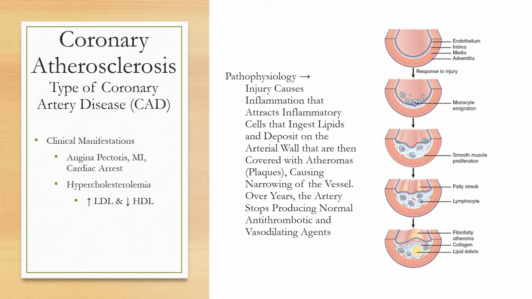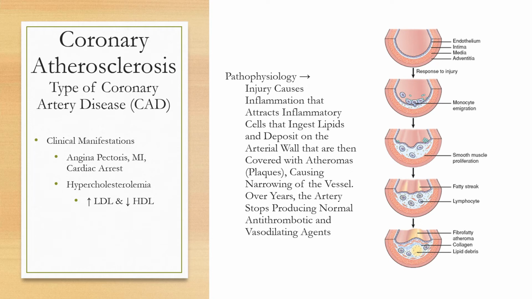That could be inflammation within the artery. That could be toxins, cigarette smoking, hypertension. Some kind of injury that has occurred over years is now injuring the endothelial lining. And you're starting to form plaques.